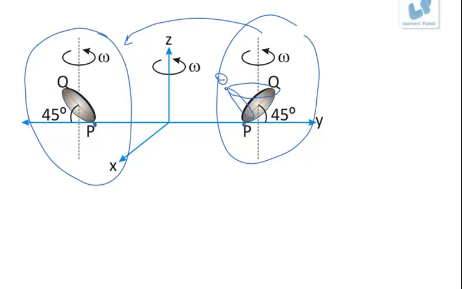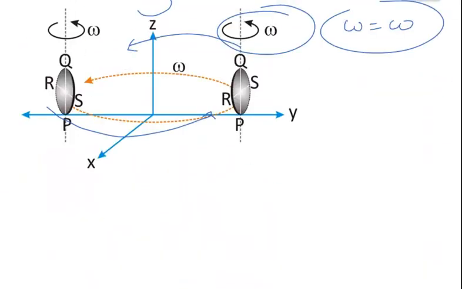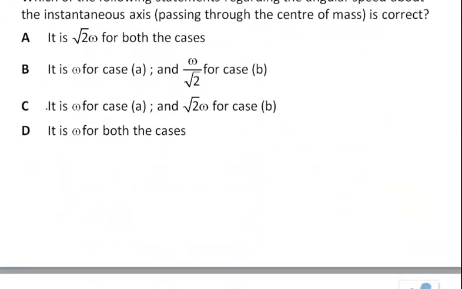Point Q has come over here, which you can see in this figure. So the turning of the disk is by half a rotation in this half rotation about the z-axis. When it again comes back to this original position, the orientation is again the same. Which means that omega about z and omega about the center of mass would be the same. Based on this discussion, option D is correct. It is omega for both the cases.